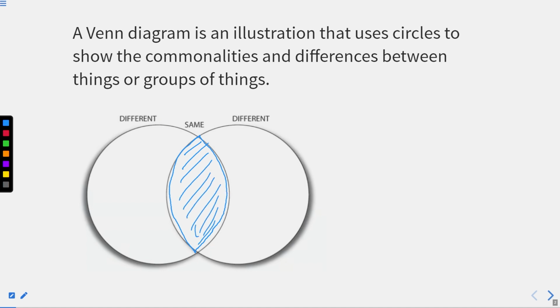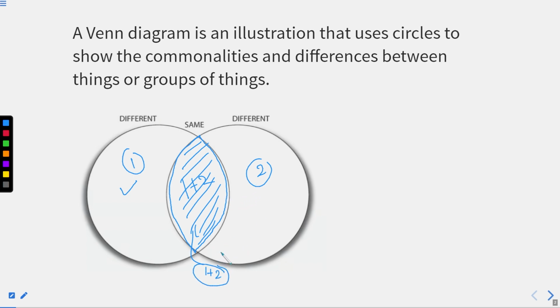whatever things circle number 1 is representing, and whatever things circle 2 is representing, have something in common, and that common thing will be represented here, that is 1 plus 2, which is in common.